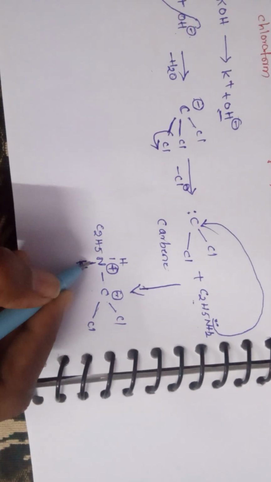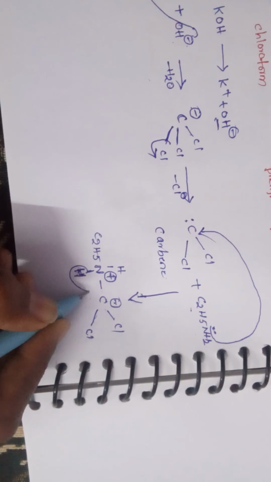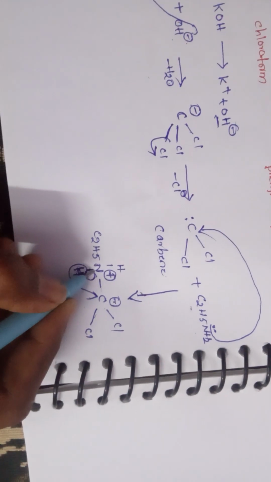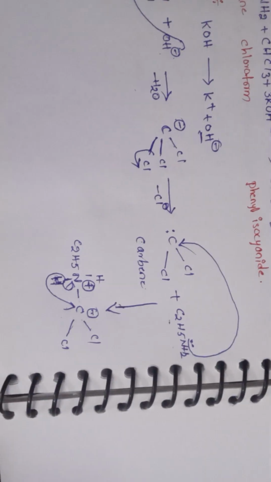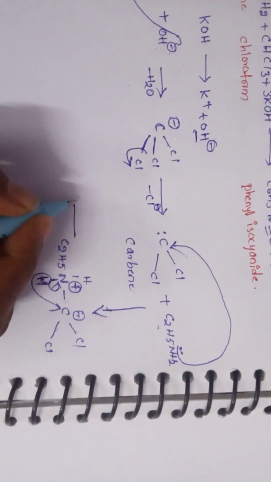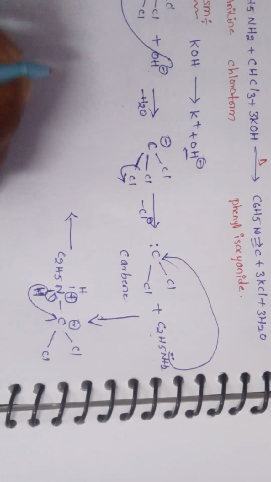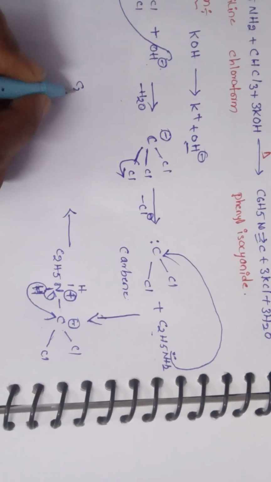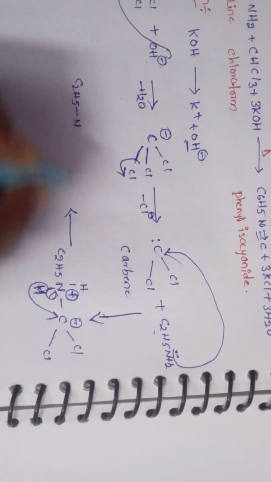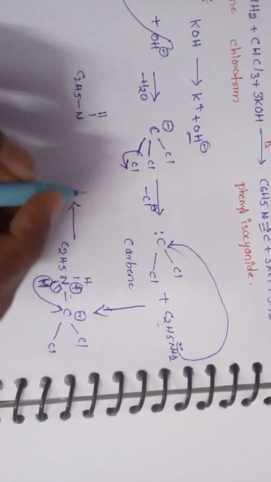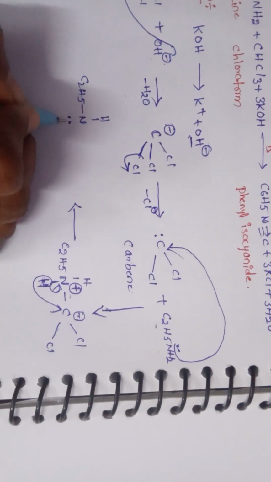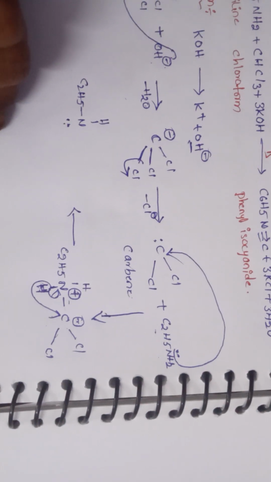Then you remove one hydrogen to this carbon, and this bond migrates like this. So C2H5, nitrogen gets only 1 hydrogen and a lone pair is formed.